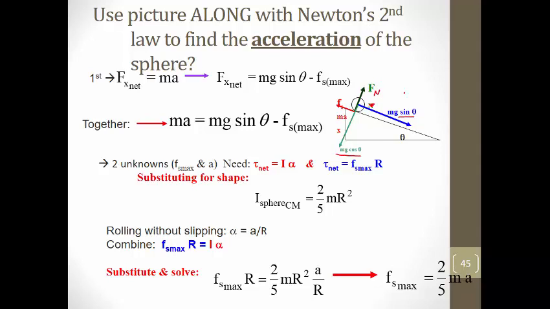These all act through the center of mass. So these three that are underlined cannot cause torque. So all of these cause a zero torque because they act through the center of mass, so they don't have a lever arm.